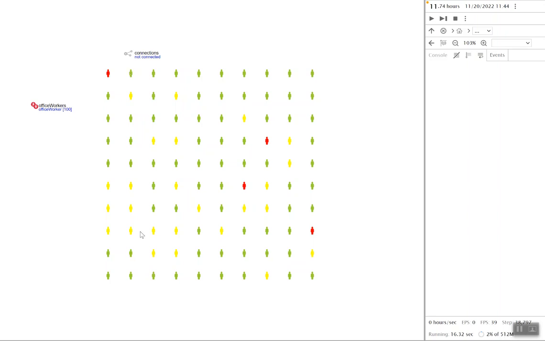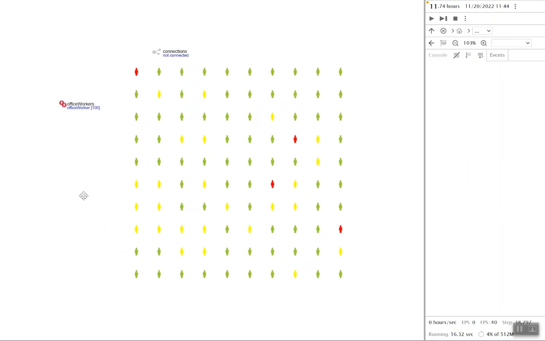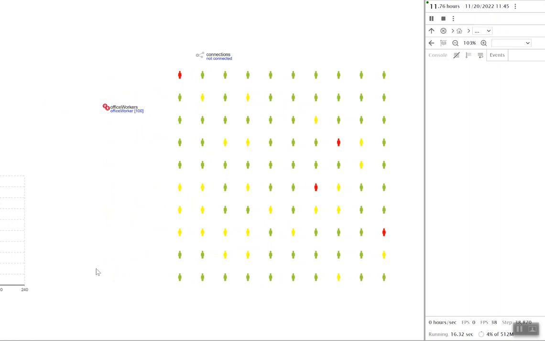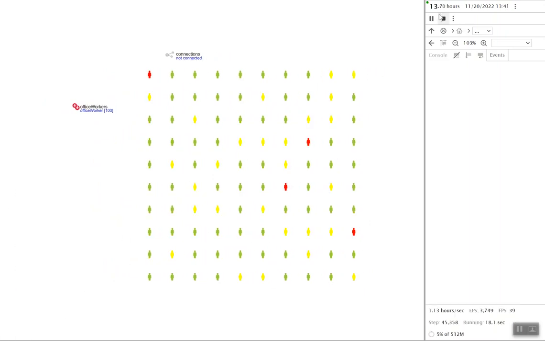This means that they arrived at the office. And after some time, we will see some of these agents taking a break, so their color changes from green to yellow. This will be the case until we reach 4 p.m. We will see that some of them start to leave, and this will be the case until 7 p.m.